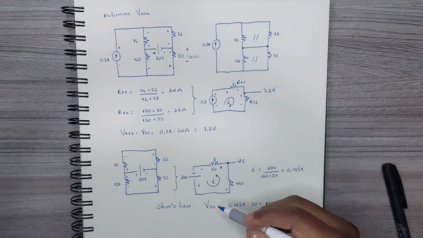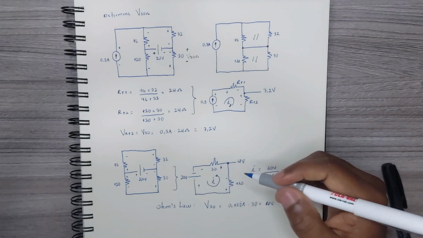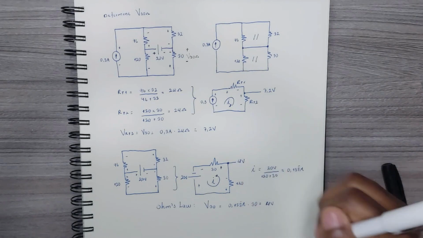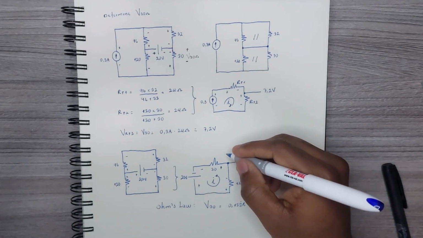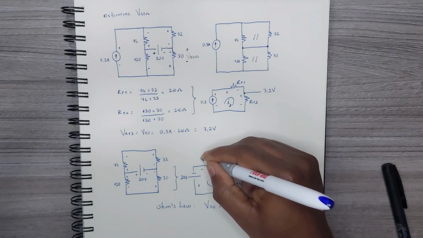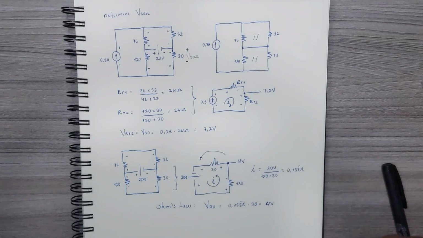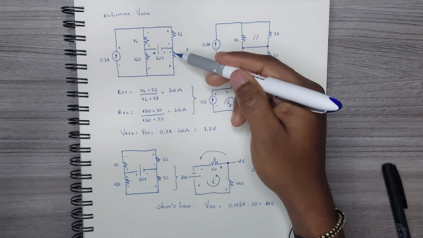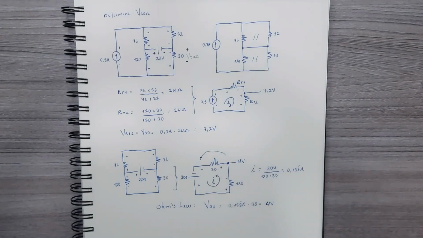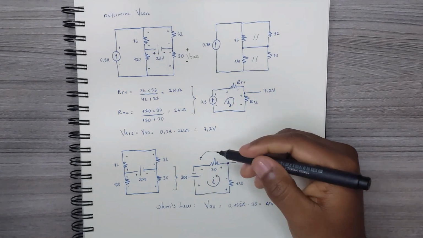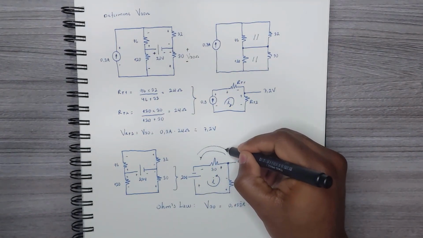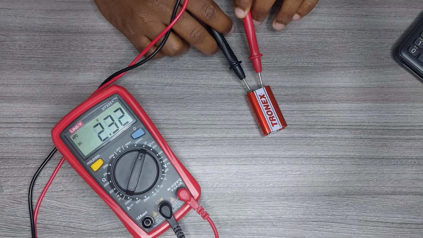But this 4 volts is the voltage if we measure across the resistor from positive to negative, as I was reading here. However, if we take a look at the circuit above, we see that the way the multimeter is connected is different. So in this case, we measure from negative to positive, and that gives me minus 4 volts.